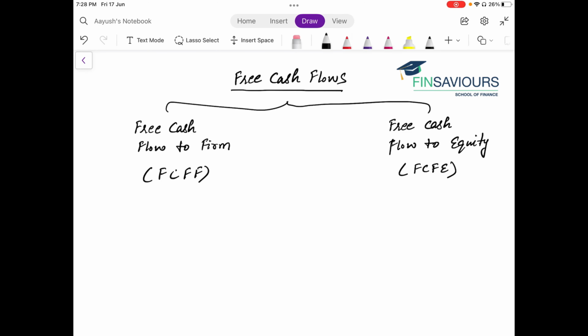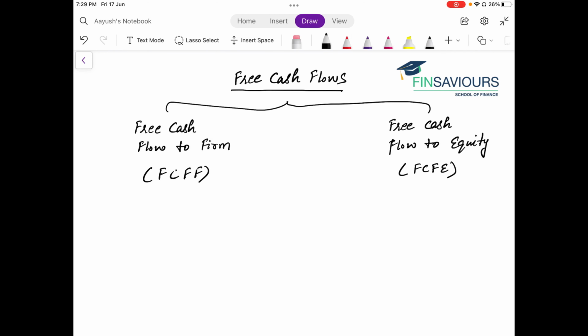So that level of cash flow, which is attributable to both debt as well as equity holders, is at the overall company level, and hence free cash flow to firm. What is FCFE, free cash flow to equity? I'm sure you might be able to make this now. Those cash flows which are attributable to equity holders. That is free cash flow to equity. Very simple. Now, you know the concept.